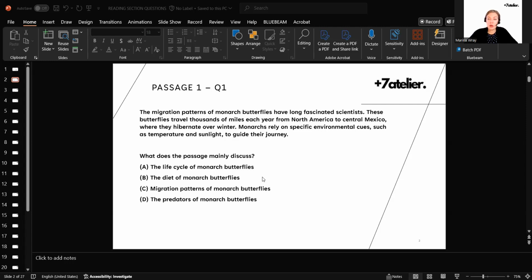So let's go through question number 1. What does the passage mainly discuss? And the potential answers are A, the life cycle of monarch butterflies, B, the diet of monarch butterflies, C, migration patterns of monarch butterflies, or D, the predators of monarch butterflies.